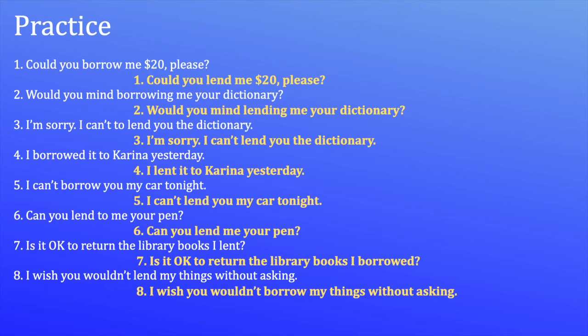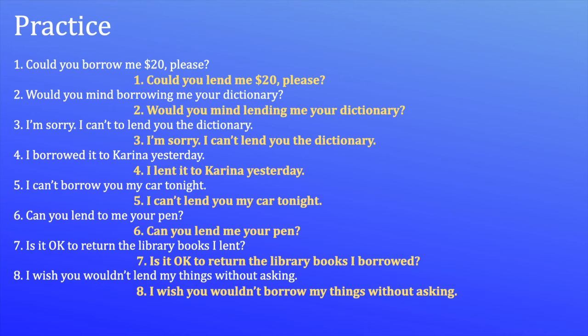From here, I'm just going to read the answers because you've already read the questions. Number three, I'm sorry I can't lend you the dictionary. Notice using the indirect and the direct object with lend. Number four, I lent it to Karina yesterday. Number five, I can't lend you my car tonight.